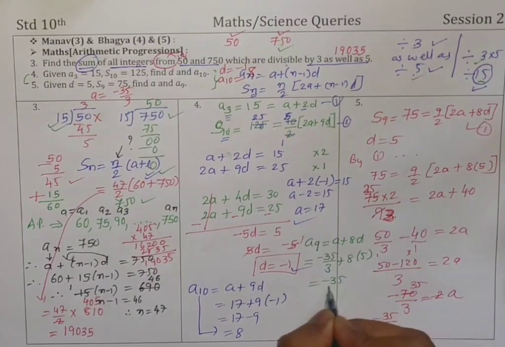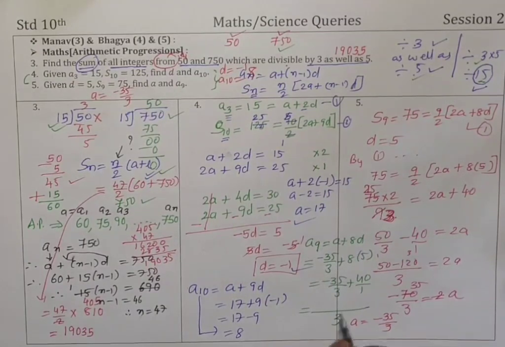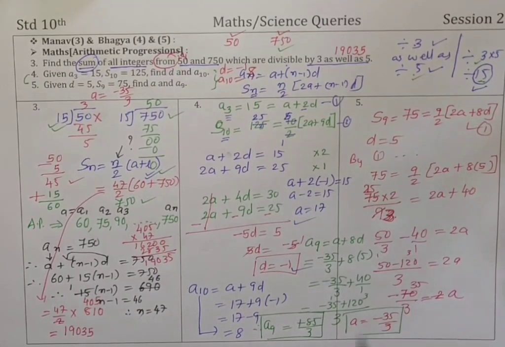So minus 35 upon 3 plus 40 upon 1. So the LCM is 3: minus 35 plus 120, that is plus 85 upon 3, and this is not divisible. So this is A9, and A is here.